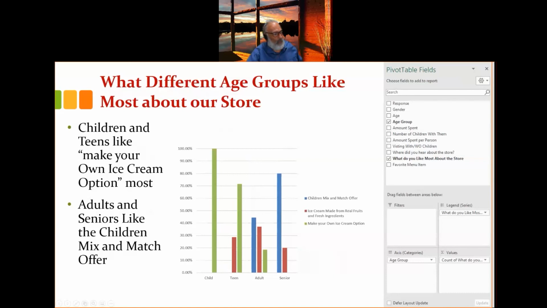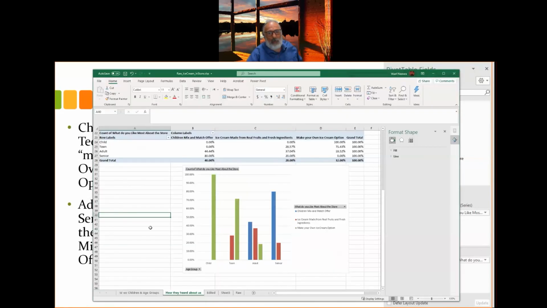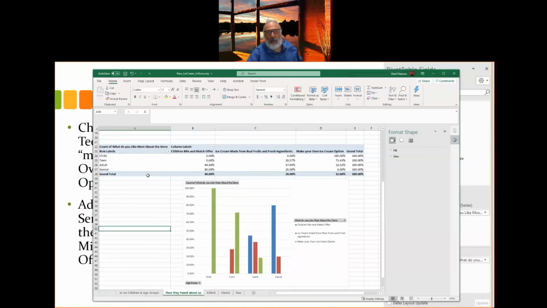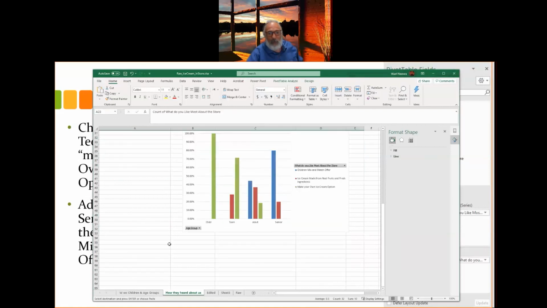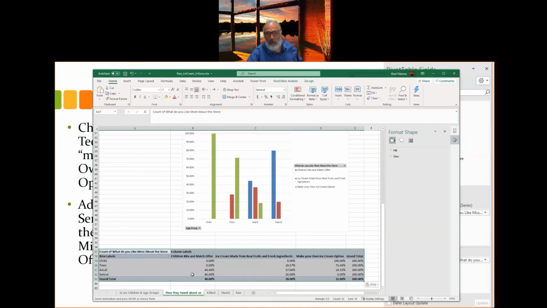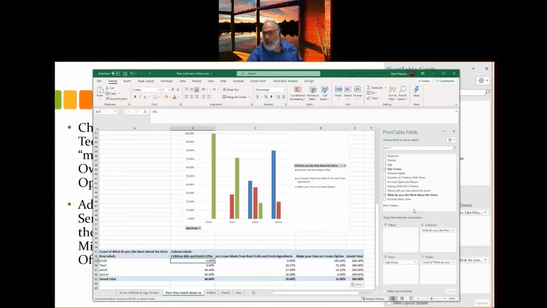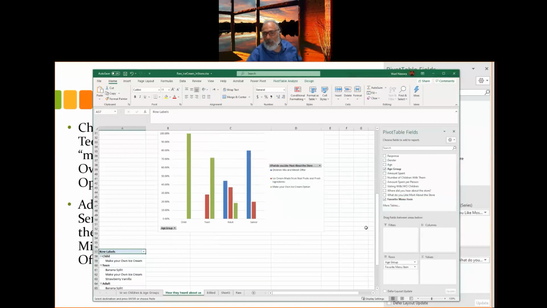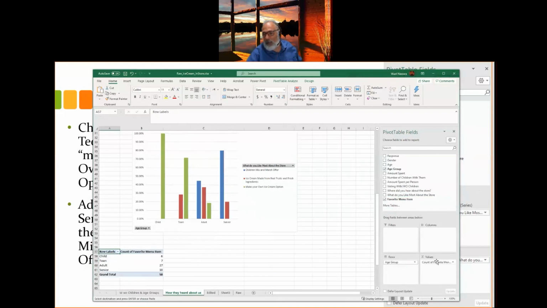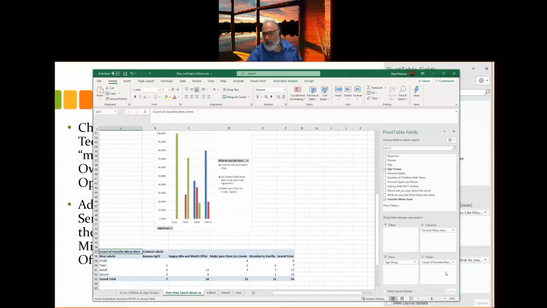So again, we just bring our table here and insert. Again, just copy this and change the table a little bit. So instead of what do you like most about our store, we're going to add favorite menu item, and this will be used as column and as a table.